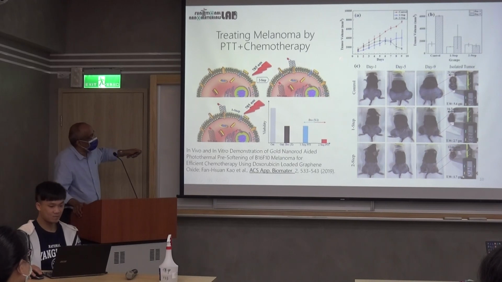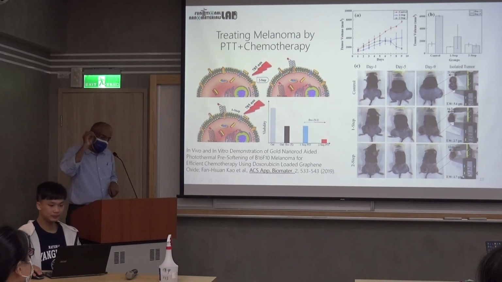Okay, if I do nothing, you can see the tumor over here, okay? It keeps increasing. If I put the gold nanorod and the doxorubicin at the same time, then the result is this one. So actually I could control the growth of the tumor. However, if I do some trick with the treatment, then actually I can bring down the volume of the tumor.